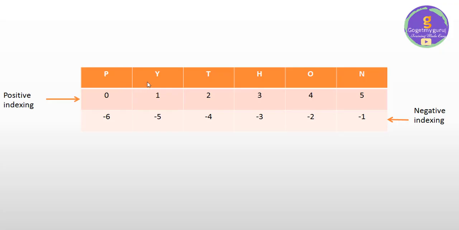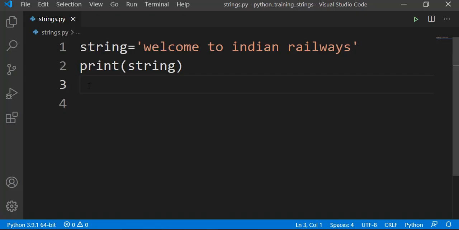Observe this diagram, that is Python. When we start with positive indexing, it starts from 0, that is 0 to 5. When we go with negative indexing, it starts in reverse order, from -1 to -6. Now that we know what indexing is, let's try to access elements from this string.